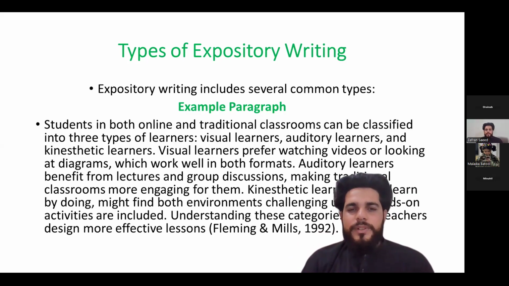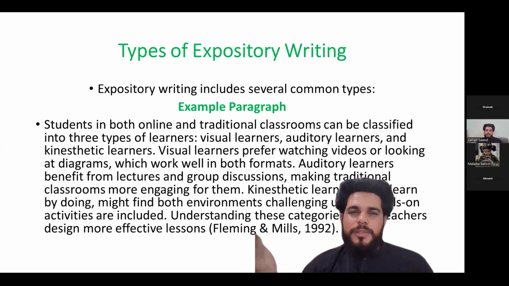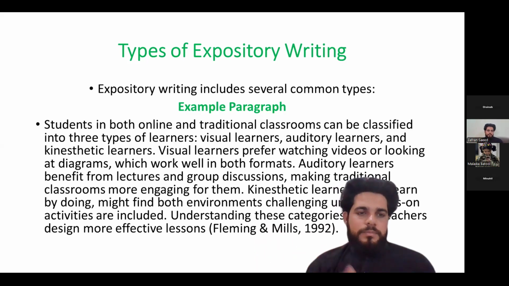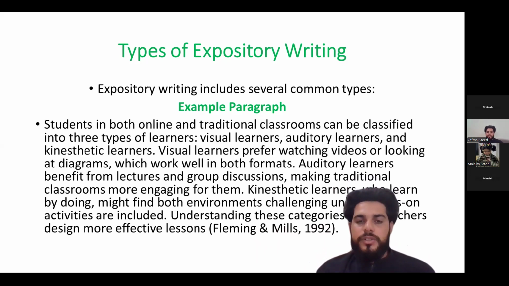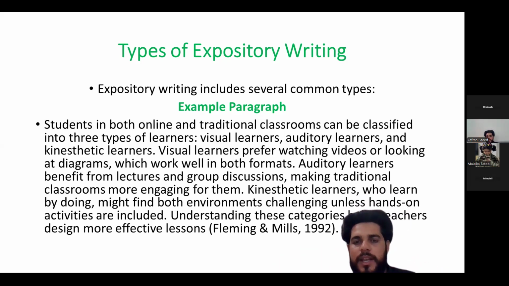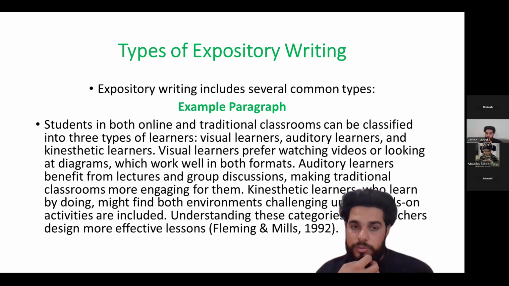Visual learners prefer watching videos or looking at diagrams, which work well in both formats. Means they have just defined the visual learners, and then they define auditory learners, who benefit from lectures and group discussions, making traditional classrooms more engaging for them. And then kinesthetic learners, who learn by doing, might find both environments challenging unless hands-on activities are included.